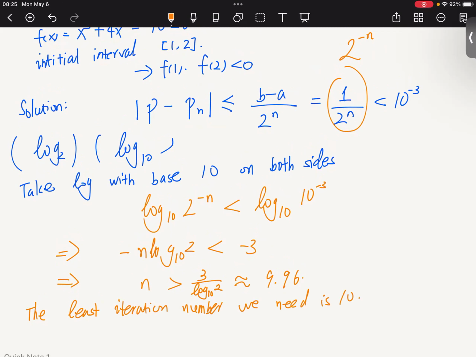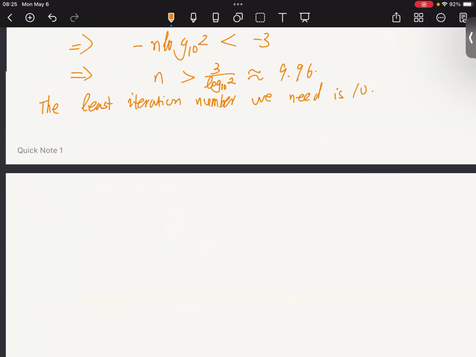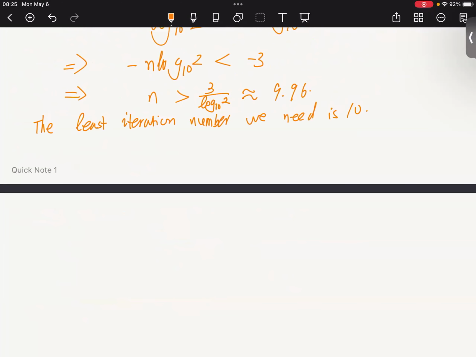And I'm going to show you one more thing, in case that you forget how the logarithm function looks like. This is the logarithm function. This is why, when we take the logarithm function on both sides, we don't need to change the sign.